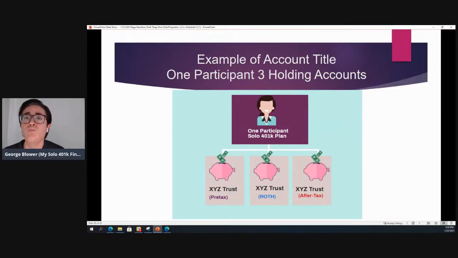They changed the deadline, but there still was the outstanding IRS guidance, which effectively means the conservative approach is that if you didn't set up the plan until after December 31st, 2020, you could still make employer contributions anytime. If you do it before your business tax return deadline, so April 15th or October 15th, you could still make the employer contribution, but not employee contributions.